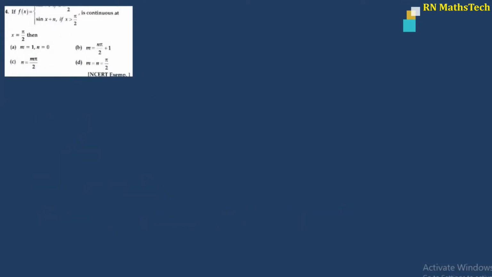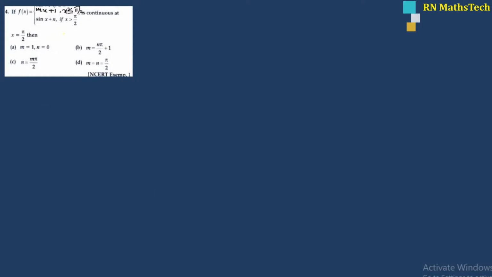Now fourth one, f of x is equal to mx plus 1, x less than or equal to pi by 2, and sin x plus n, if x greater than pi by 2, is continuous at x is equal to pi by 2.